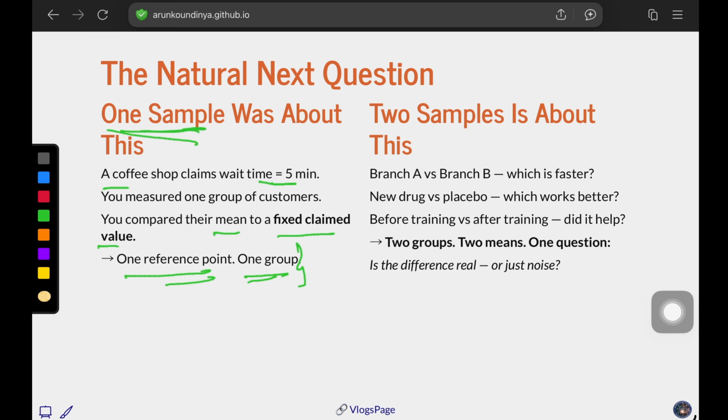When you want to compare two things, say for example a new drug versus a placebo, which works better? Or before training versus after training, did the training help? So you have two groups, two means, and one question: is the difference real or just noise?